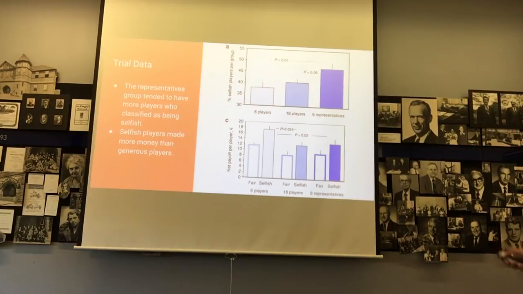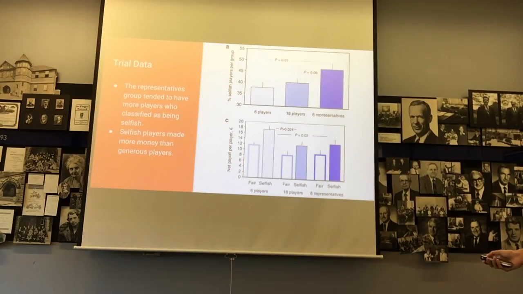And then the graph at the bottom is showing how much the participants made at the end of the study in each of the 3 rounds. And they also split it into players who were considered fair overall, so they gave more than half of what they were given altogether, or selfish, they gave less than half of what they were given altogether.